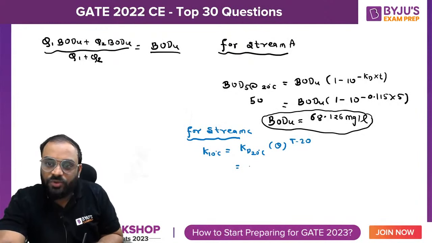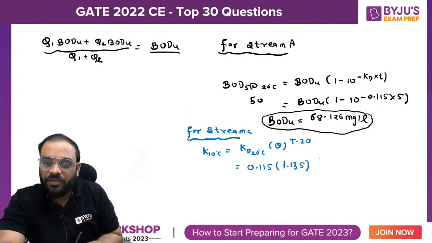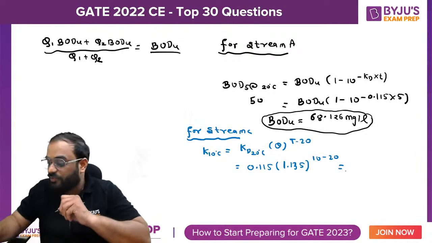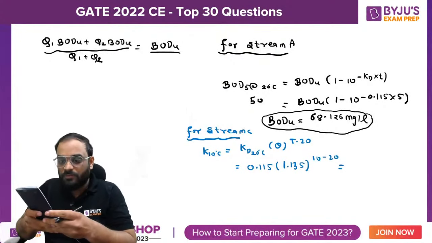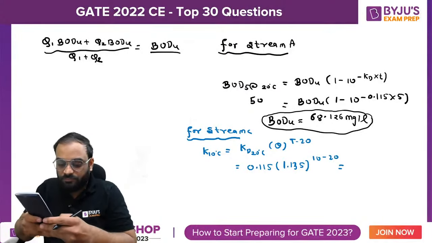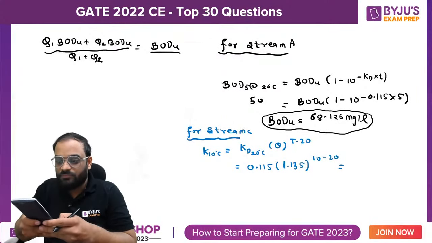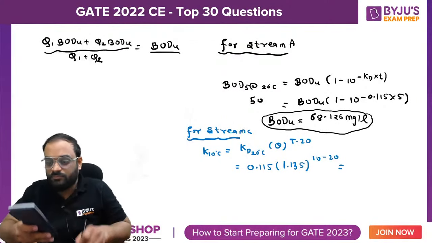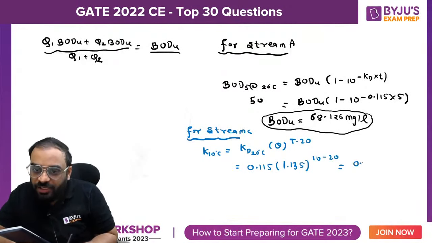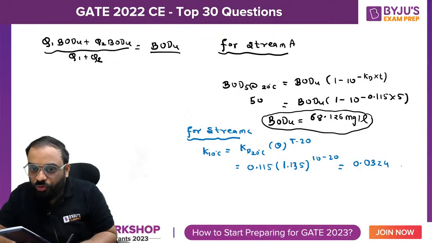So this value is known to us, 0.115, theta is 1.135, temperature 10 minus 20. Just calculate this one first. This value is coming around 0.0324 day inverse.